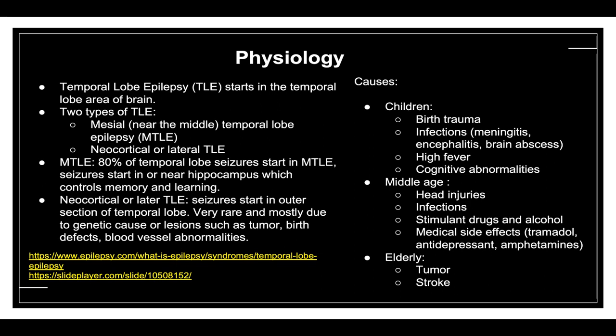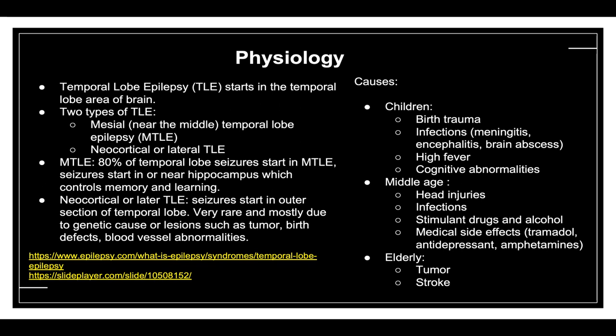The causes that I've listed here, and I found, were that in children there are birth traumas, infections such as meningitis, encephalitis, and brain abscess, and also high fever and cognitive abnormalities, which lead to epilepsy. In middle age, it's head injuries, infections, stimulant drugs such as cocaine and alcohol, as well as medication side effects such as tramadol, antidepressants, and amphetamines that cause epilepsy.